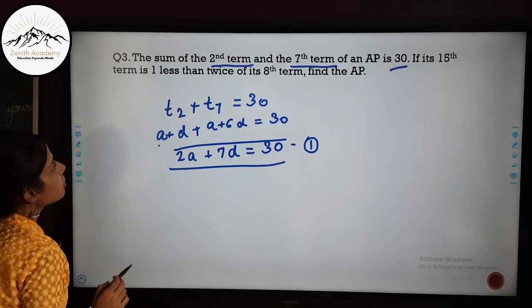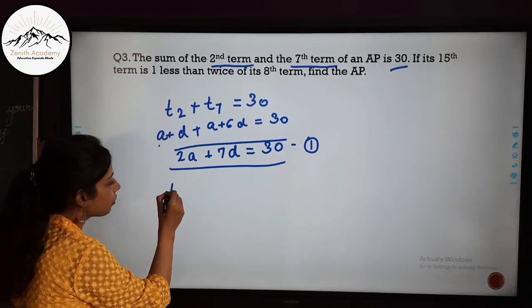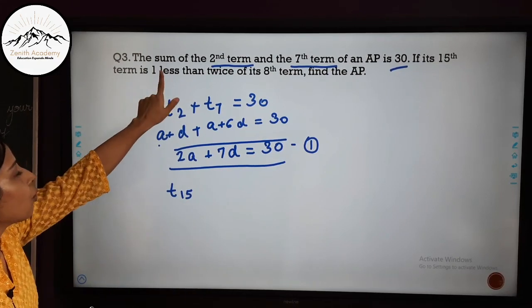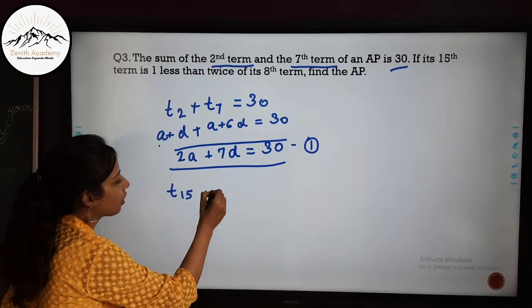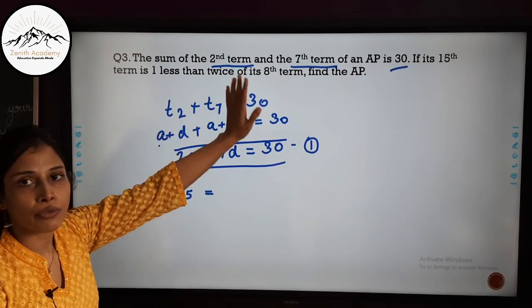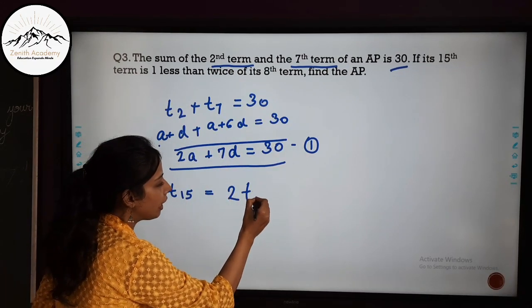Now what we are given next is the 15th term. Let's write the 15th term, that is T15, is 1 less than twice its 8th term.